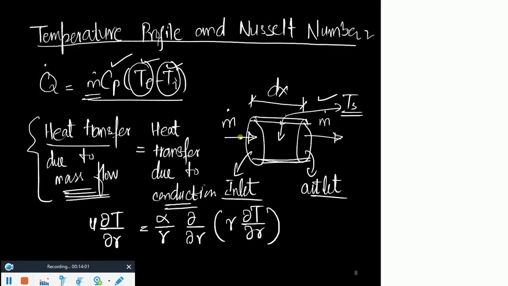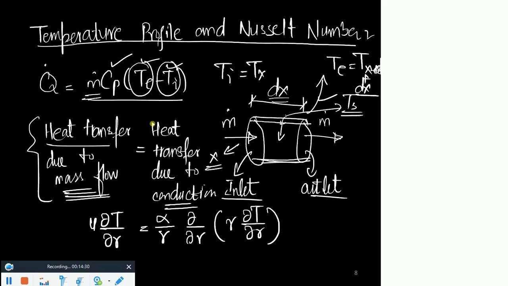You can quantify this thing. Once it is entering through this thing, you can write it like m dot Cp Ti. Then this can be written as m dot Cp Te. If there is a small distance and this section is x, you can just consider their temperature inside. Instead of using Ti, you can say it is T of x. For this thing, you can write Te equals T of x plus dx. These are the notations which have been used in your book.